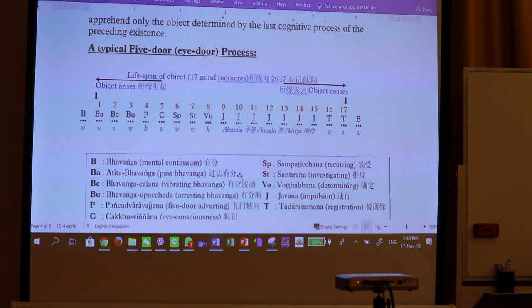But anyway, now you have to count how many consciousnesses arise in the eye door. First of all, you want to know the first three, which do not include any door. There are three: Patisandhi, Bhavanga, and Chuti.